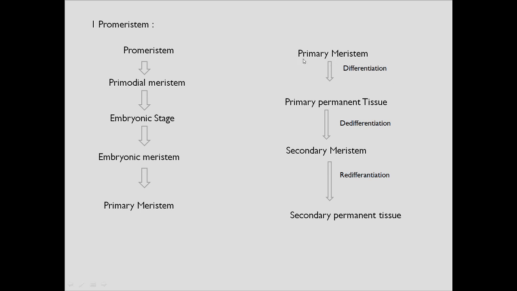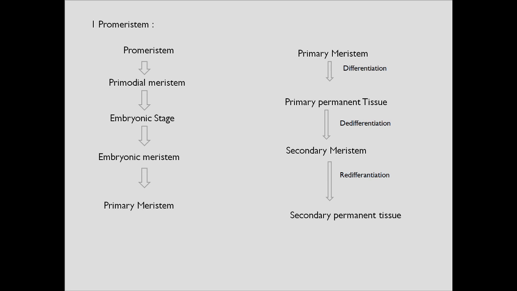In the primary meristem, to form a differentiation, what is differentiation? Differentiation means the cell loses the power of division. It means the cell becomes mature, right?